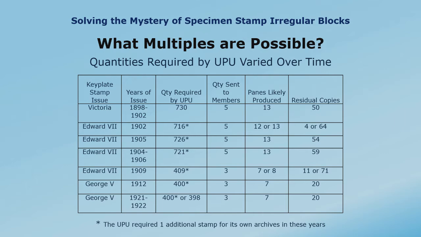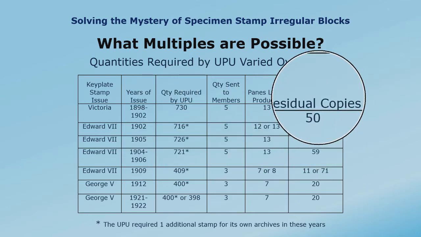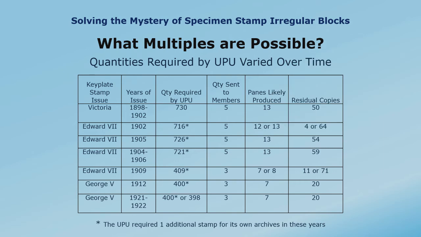5 were sent to each member. So from a pane of 60 stamps, you would have required 13 full sheets to have been printed, and that would have left you with an extra 50 stamps left over, probably retained by the printer as some form of printer specimen.